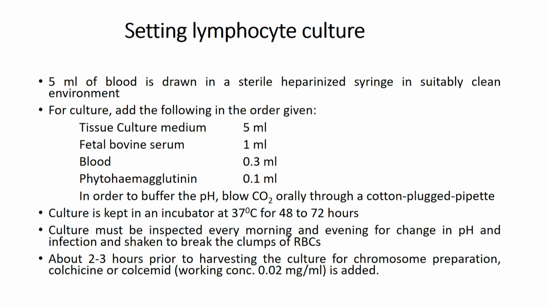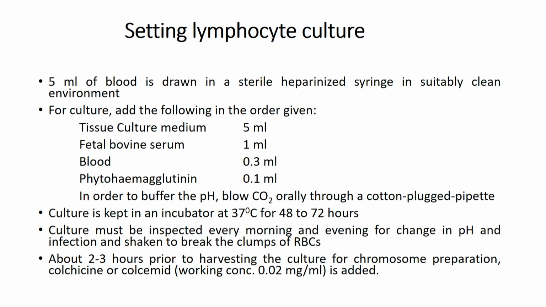Then about 2 to 3 hours prior to harvesting the culture, harvesting means prior to terminating the culture or taking out the cells from culture for chromosome preparation, we add colchicine or colcemid. Both are plant products, and they stop the spindle fiber assembly. That means microtubule polymerization is inhibited.